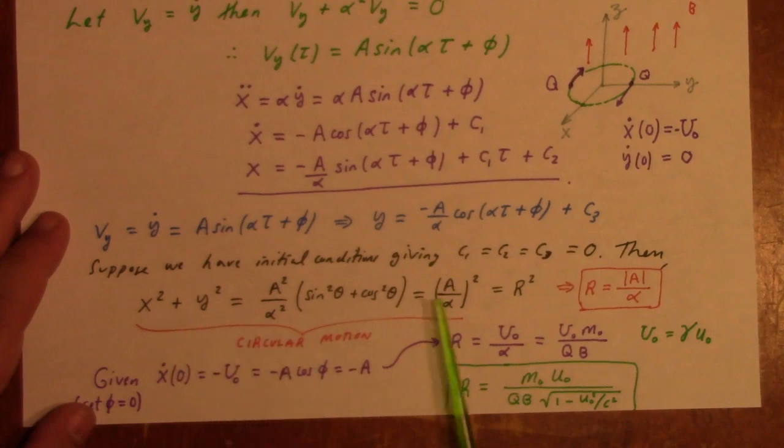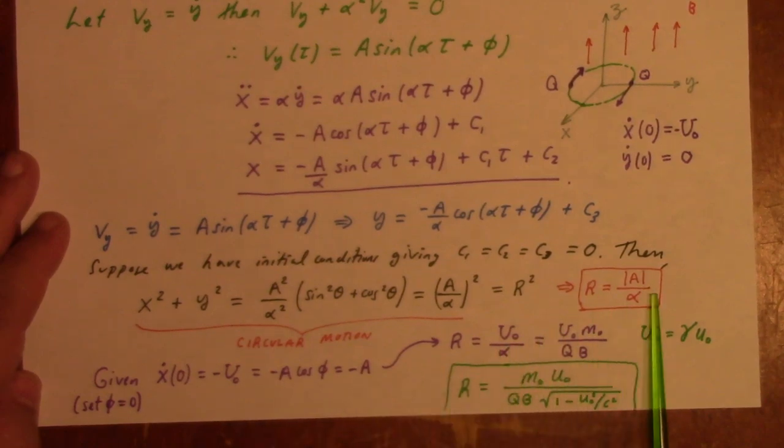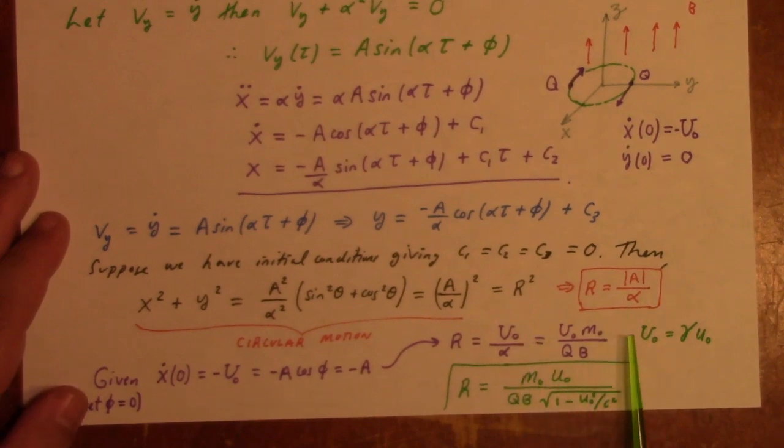You identify that circular motion where the radius is A over alpha. But if you go back and look, A is the x velocity, which is the original velocity of the charge at time 0. And so you get r is u naught over alpha.